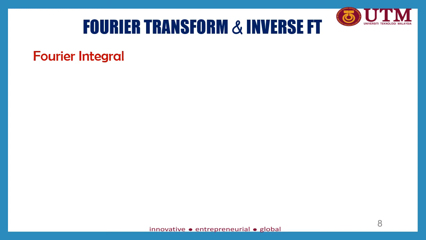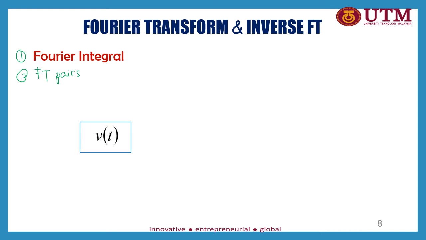Okay, so there are two methods to perform the Fourier transform from a signal in time domain. The first method is the Fourier integral, and the second method is by using the Fourier transform table, or Fourier transform pairs from the table. Okay, let's look at the first method.